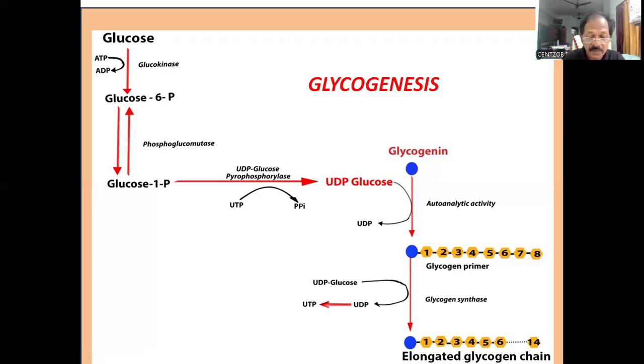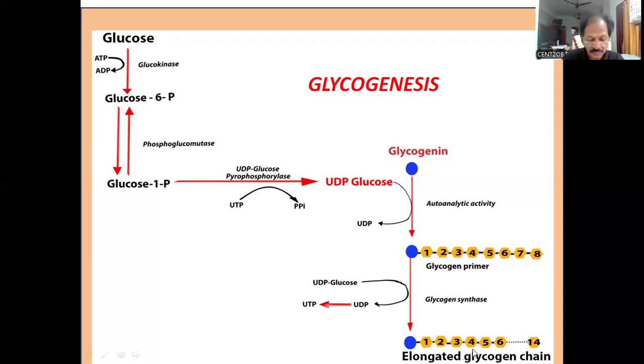This activity is also catalyzed by glycogenin itself, that is, autocatalytic. Thus, glycogenin acts not only as a primer, but also as an enzyme. Thus, an 8 glucose unit long chain is formed. This is the glycogen primer, which can act as a primer for glycogen synthase.